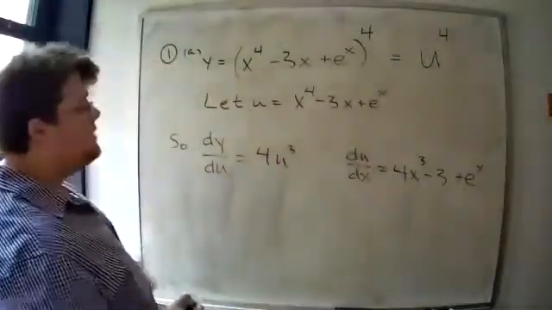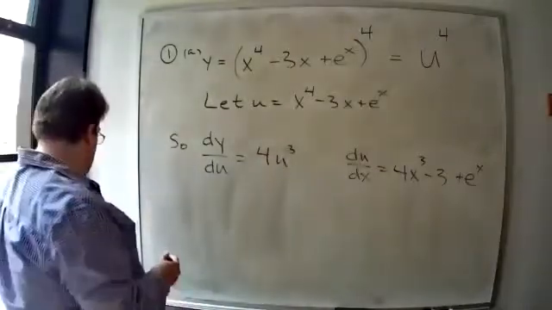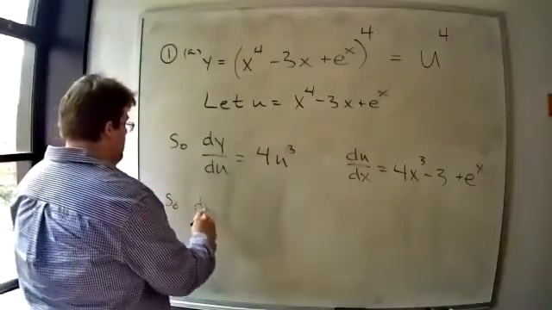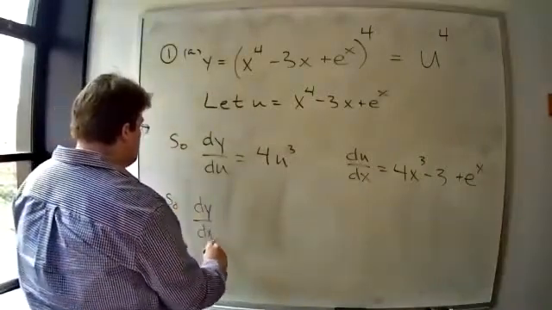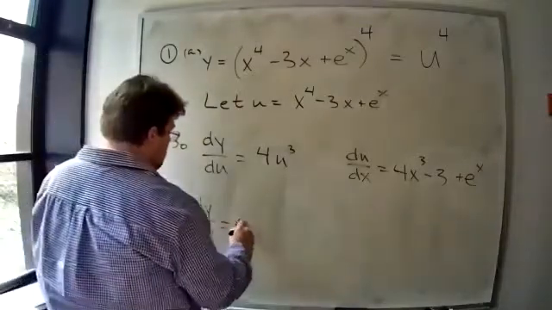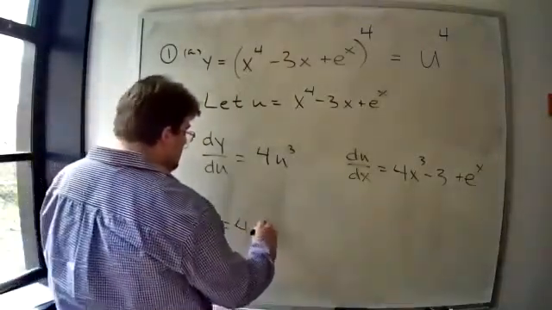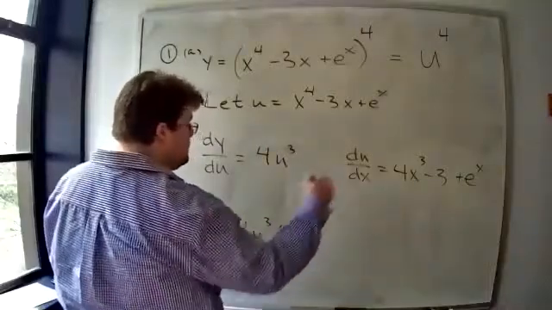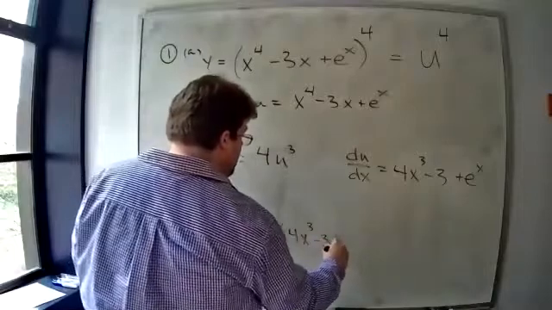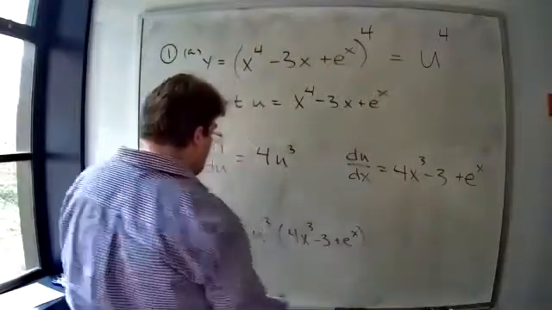So we have our dy du, we have du dx, so we can find dy dx by multiplying these two together. Doing that applies the chain rule and gives us the derivative. So we get 4u cubed times 4x cubed minus 3 plus e to the x.